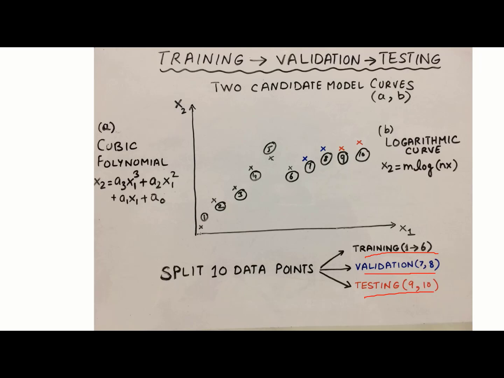What this means is that the first 6 data points will be first revealed and no other data points will be available. So only the first 6 data points will be available for training. Then we have the next 2 for the validation, and then the last 2 for testing.